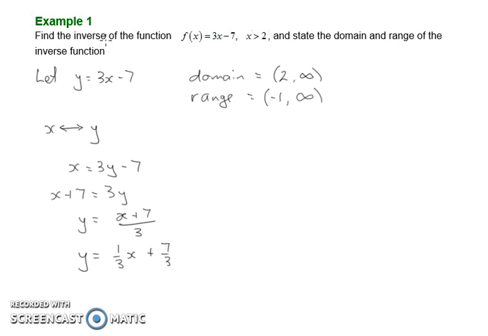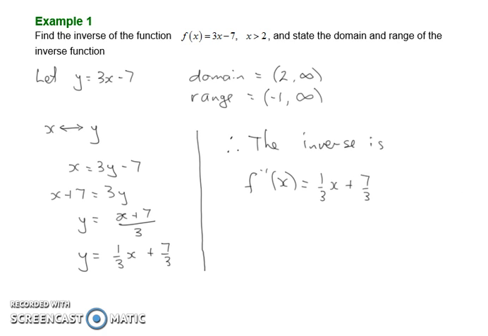But it says to find the inverse, and the proper way to fully define our inverse is to write it with the proper notation. So in other words, the inverse is f negative 1 of x equals 1/3 x plus 7 over 3.